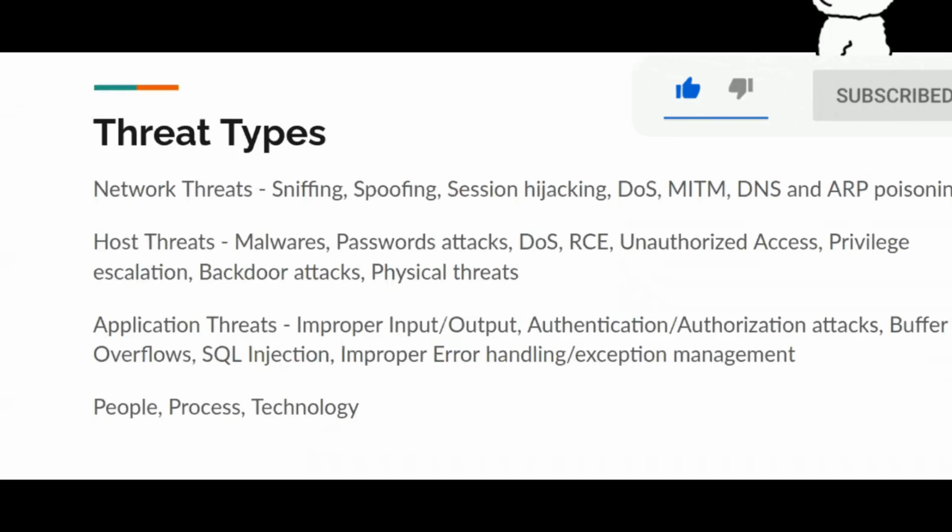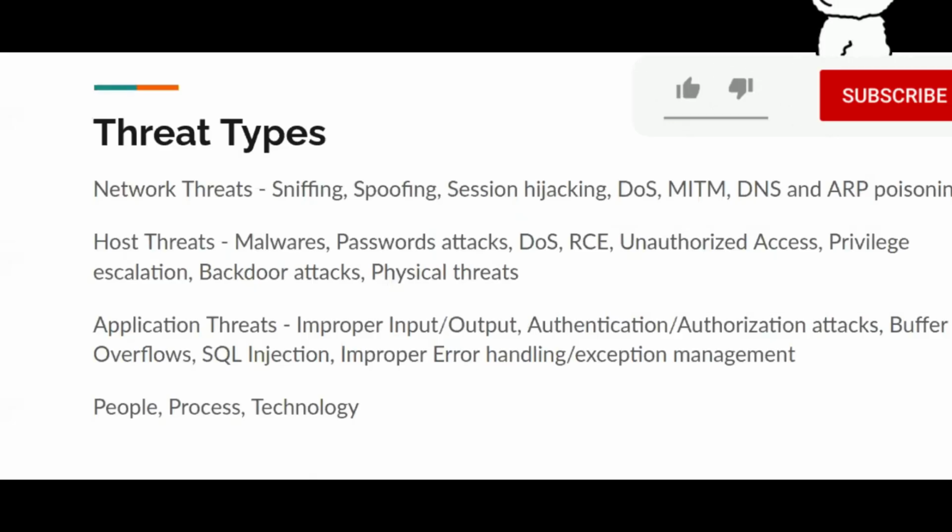Similarly, you have improper error handling and exception management. When applications are designed, or when they are implemented, if these kinds of errors are left out, they can be studied, researched, and then they become vulnerabilities, whether related to people, process, or technology, and they can be out in the open, utilized by bad people.